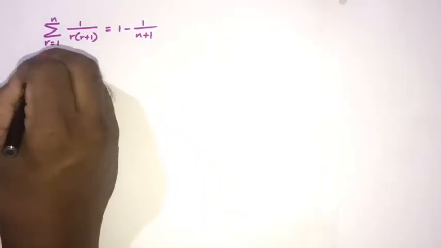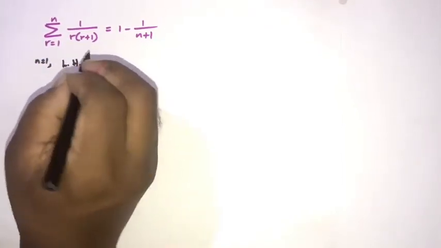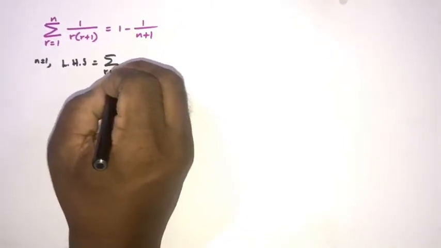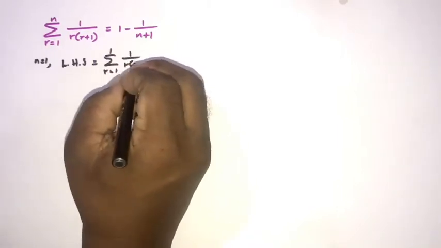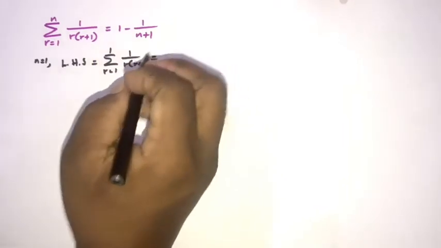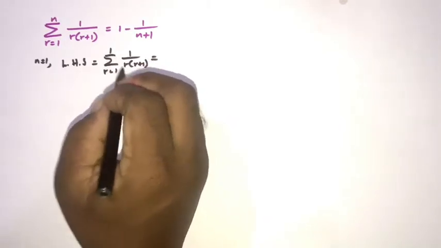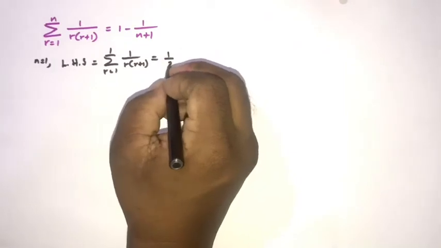So let's check. When n is equal to 1, I am going to take the left hand side. Here r is equal to 1, and the term is 1 over r plus 1. Plugging in 1, because r is equal to 1, we have 1 plus 1, which is 2, so 1 over 2.